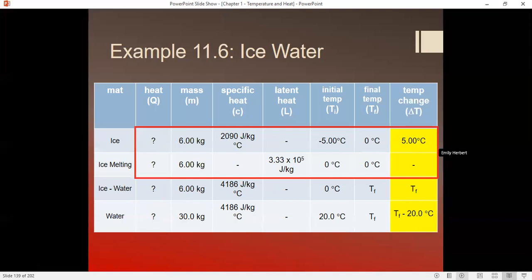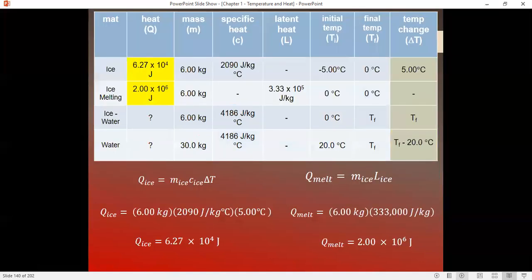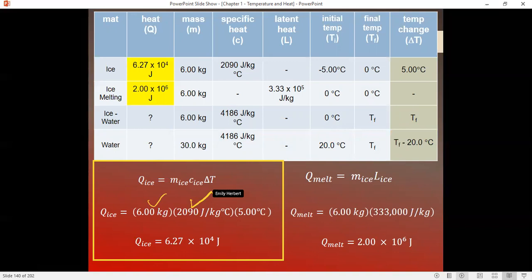Okay, so I do those calculations. The ice will take 6.27 times 10 to the 4 joules to heat up. That comes from this right here: 6 kilograms, the specific heat of ice, it's going to increase by 5 degrees before it starts melting. So that goes up there.